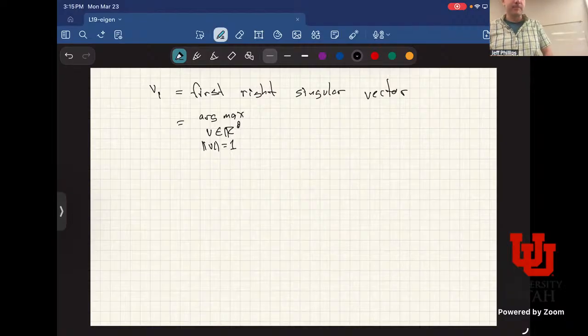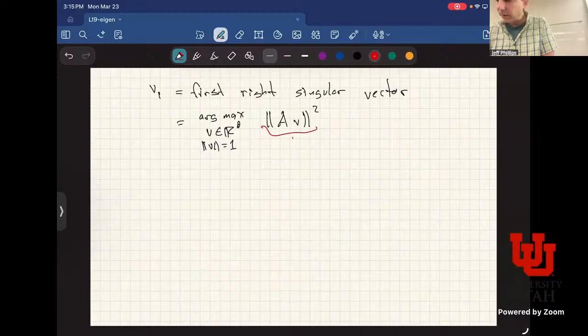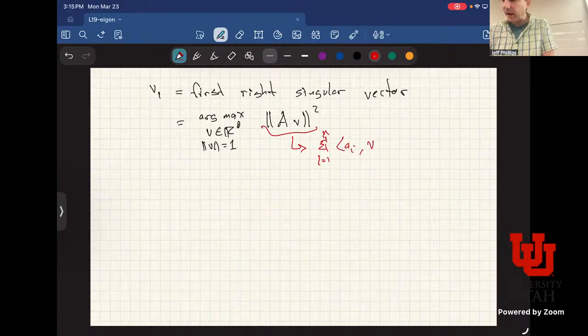And I want to maximize the quantity norm of A times V, squared. Remember, I can write this as the sum over i equals 1 up to n, over all of the row vectors, of (A_i times V) squared.